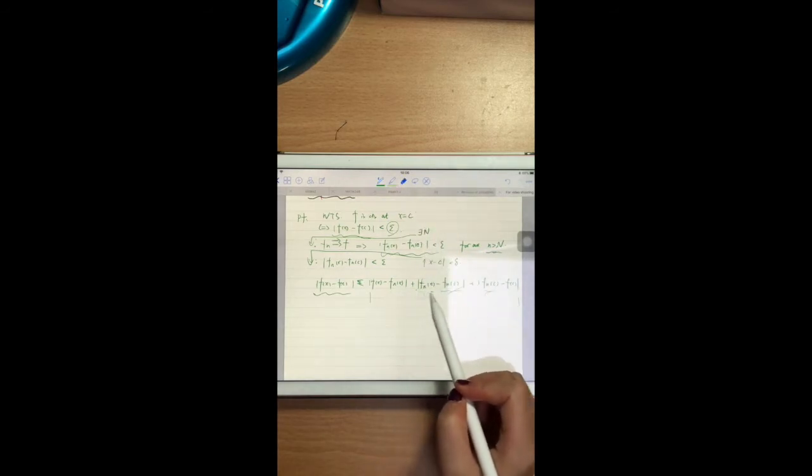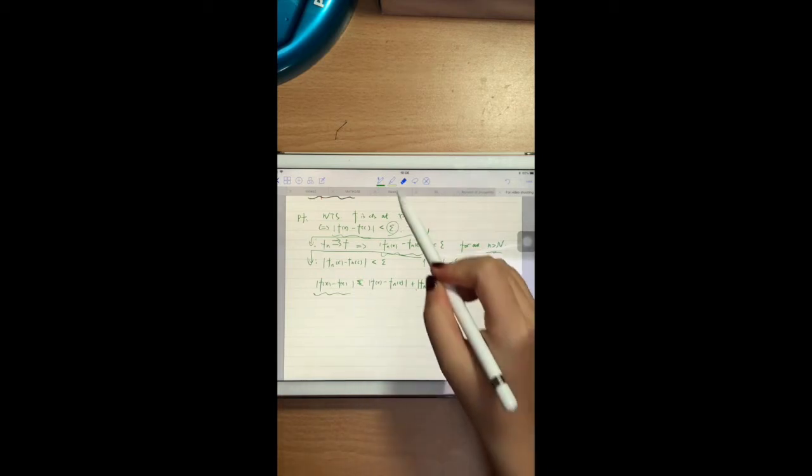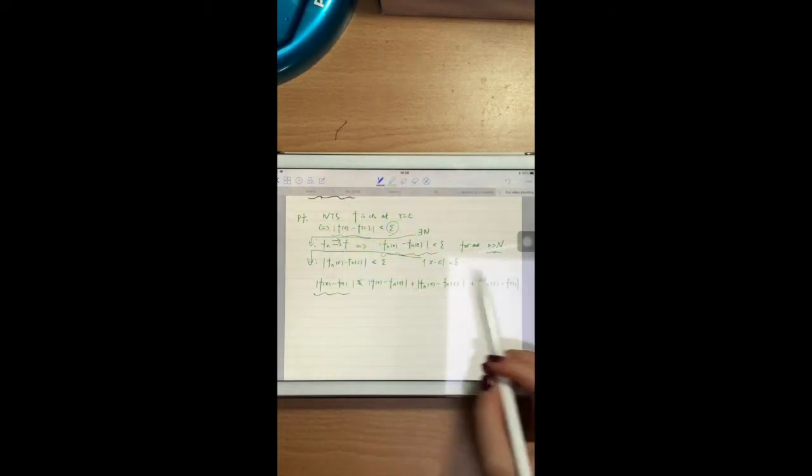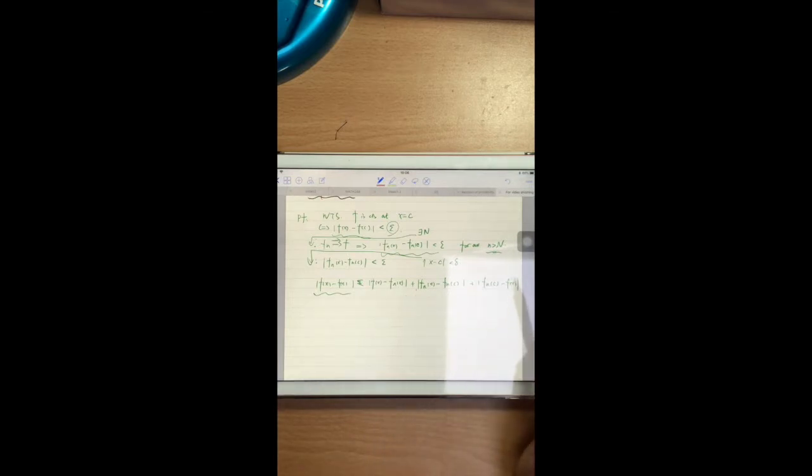But now we are going to use the conditions that we have. For f(x) - f_n(x), what are we going to use? I'm sorry, it's not continuity.